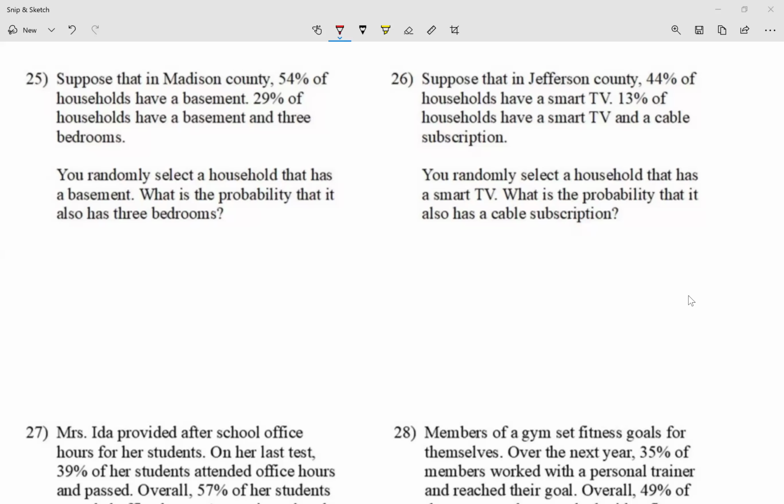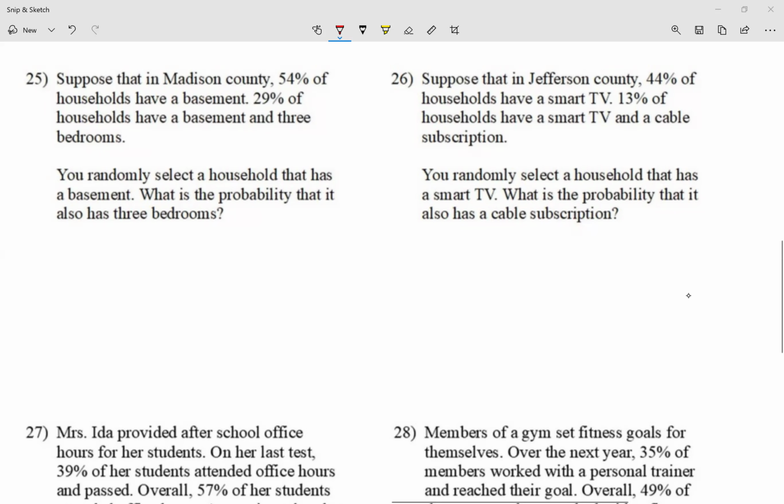Okay, so today I'm going to be working questions 25 through 28. It says, suppose that in Madison County, 54% of the households have a basement, 29% have a basement and three bedrooms. Okay, so what is this telling me here?